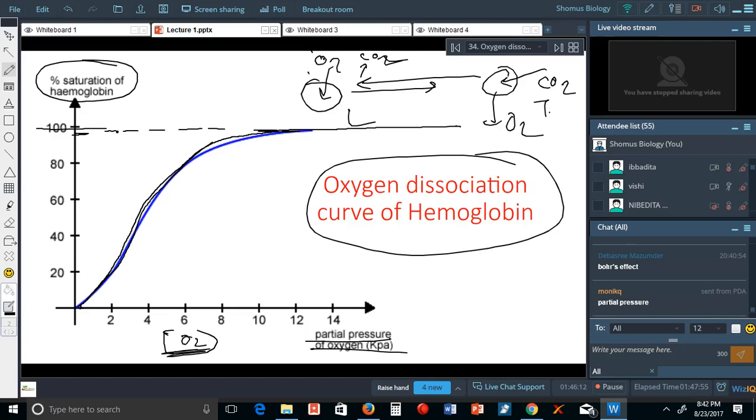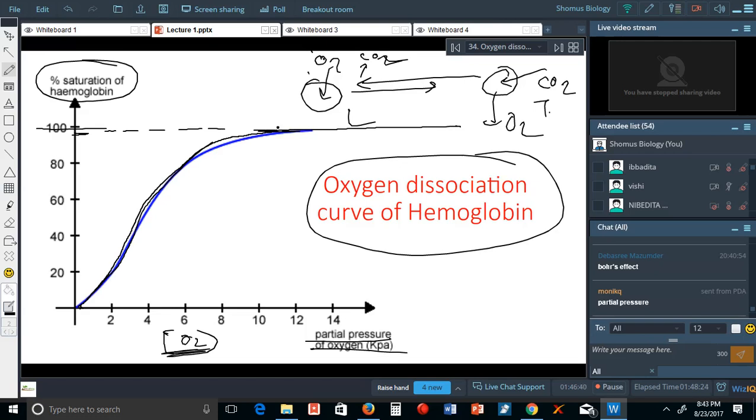So what we can see here is that after reaching a specific partial pressure of oxygen, when all the active sites for binding with oxygen are gone, they reach a saturation.